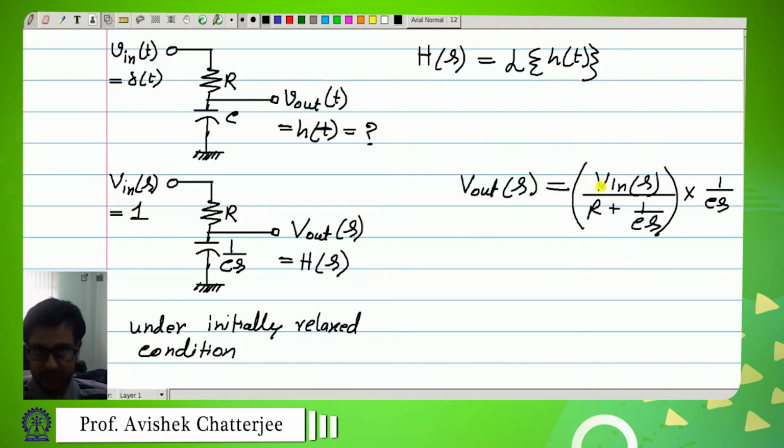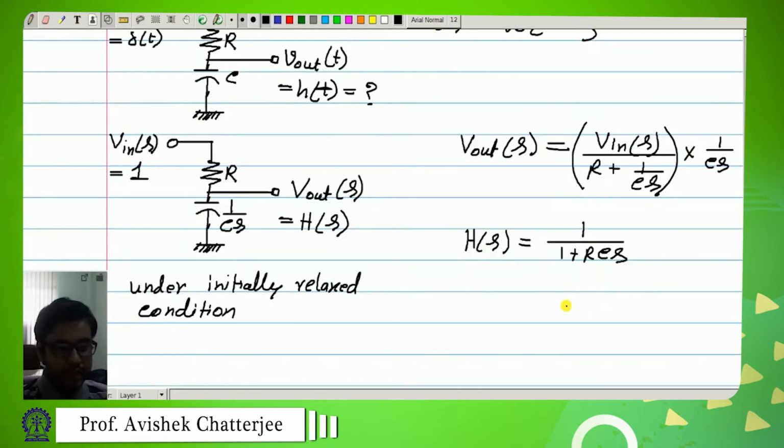Basically this part is the current that flows here. I mean the Laplace transform of the current, of course. And then this is the Laplace transform of the output voltage, which is H s. And V in S is 1. Okay, so H s is equal to, let me simplify this, we will get 1 divided by 1 plus RCs. So this is the transfer function.